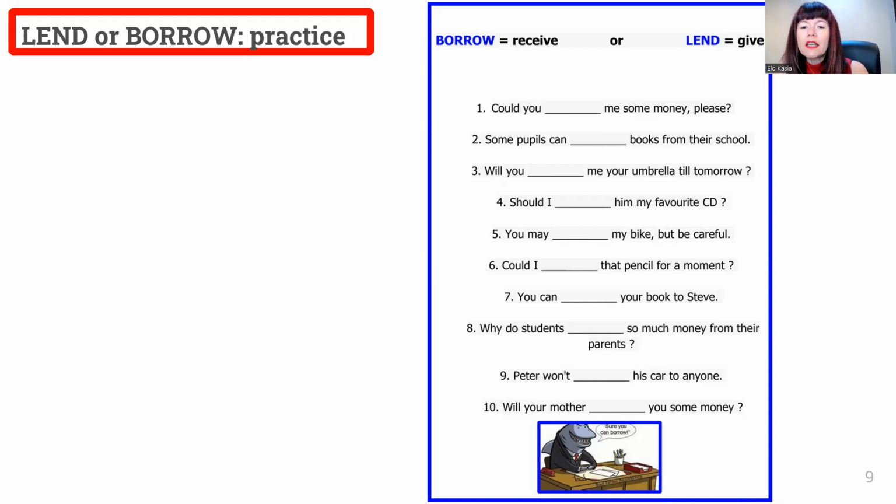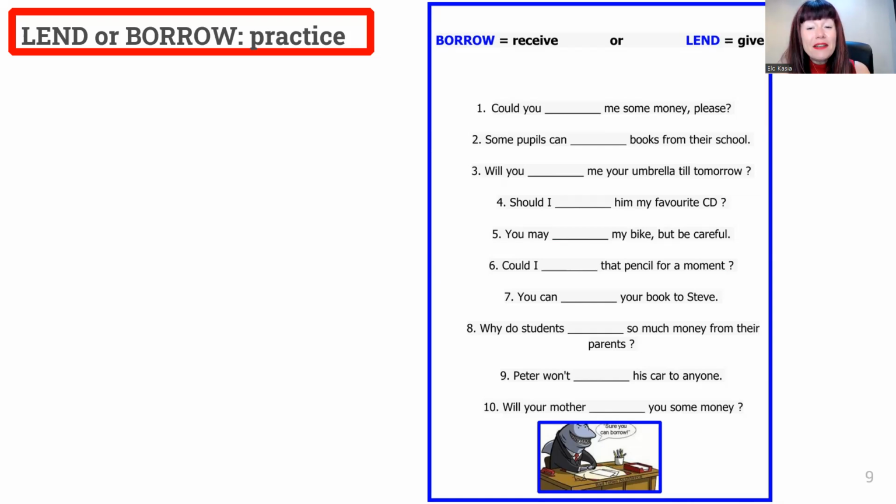Great. Okay, number 6. Could I what that pencil for a moment? Could I get or could I give? That's right. Could I borrow that pencil for a moment? Okay. You can what your book to Steve? Is it get or is it give? You can lend your book to Steve. Well done. Why do students what so much money from their parents? That's right. Why do students borrow so much from their parents?